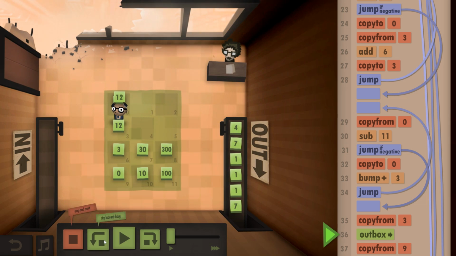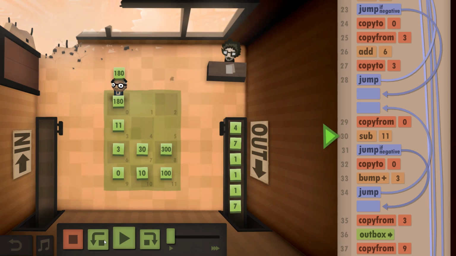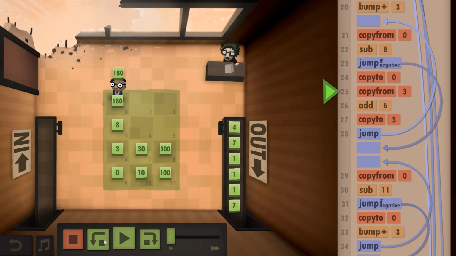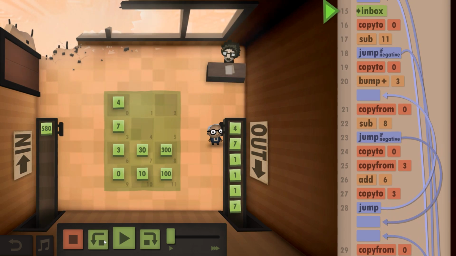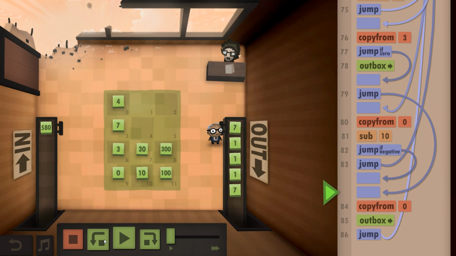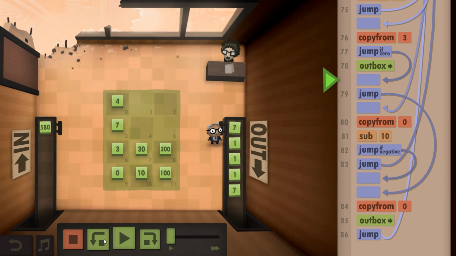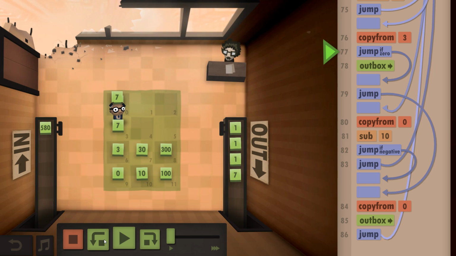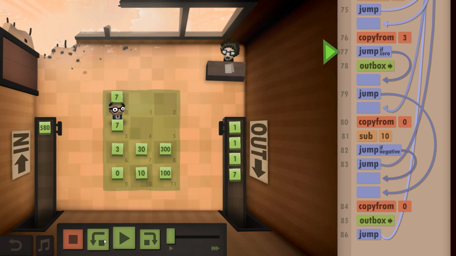Okay, I did not reset the counter at some point, obviously. Last outbox thing was 7 right here. Where did I do that? Right here.